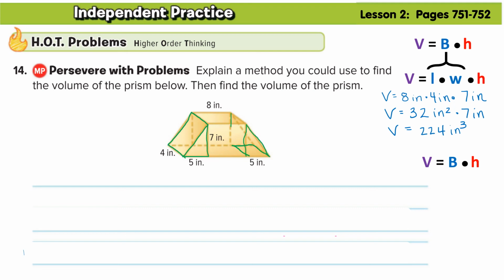So if we put these two together, we'd actually get a complete rectangular prism.